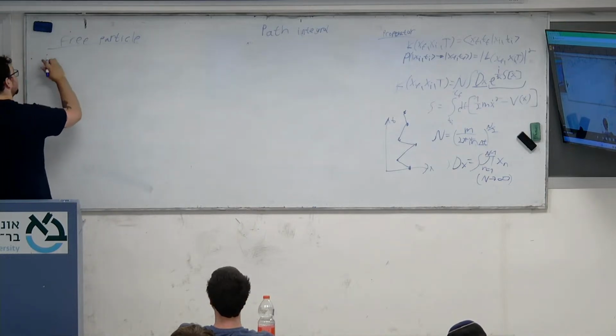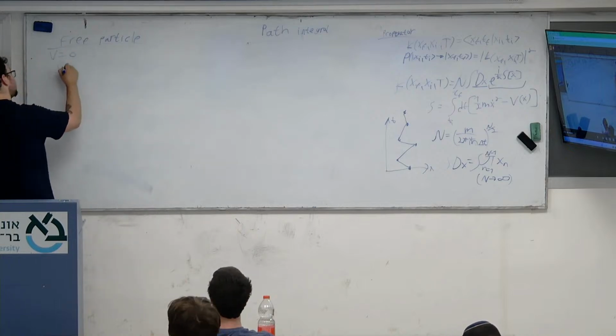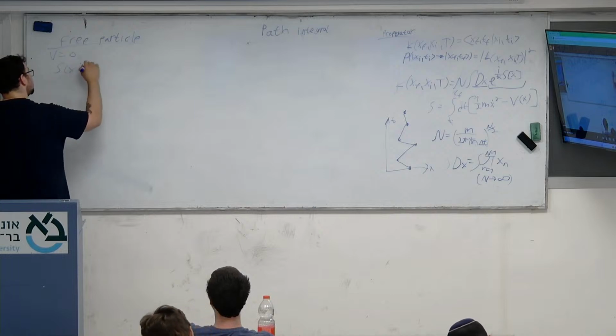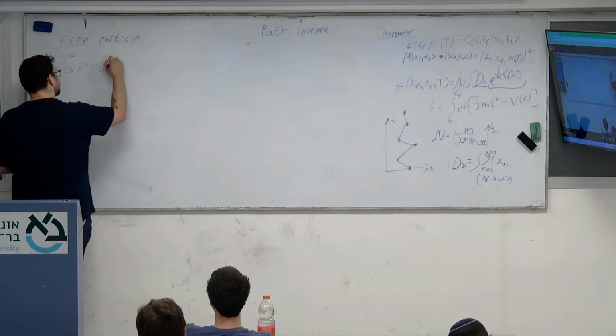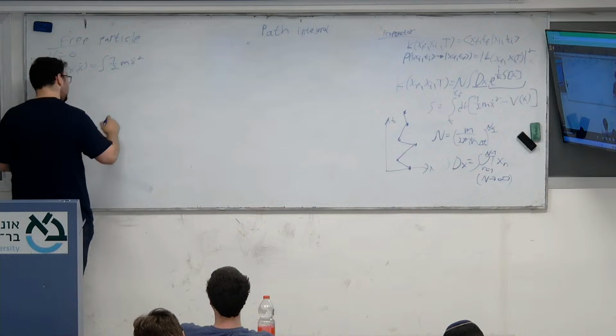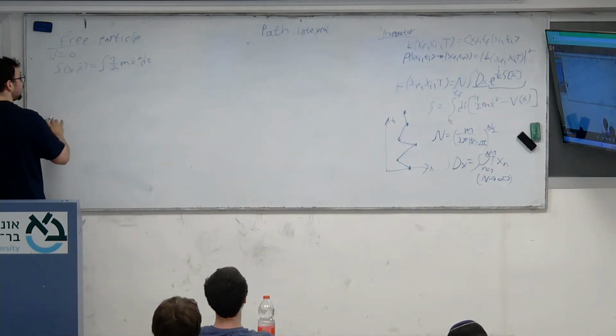Alright, free particle basically means V equals 0, and our action is equal to the integral of one half m x dot squared. Right?